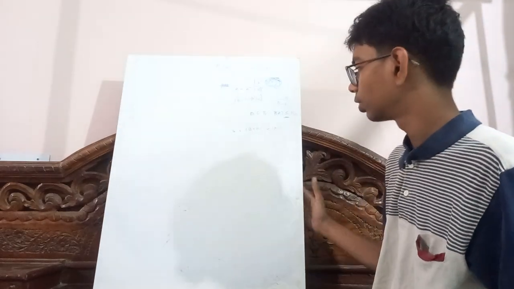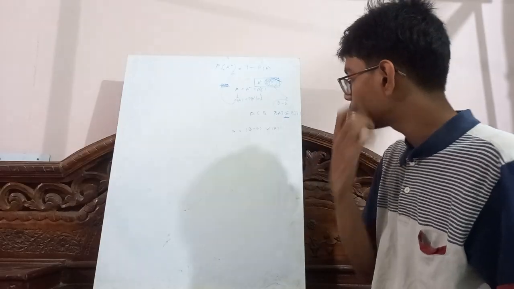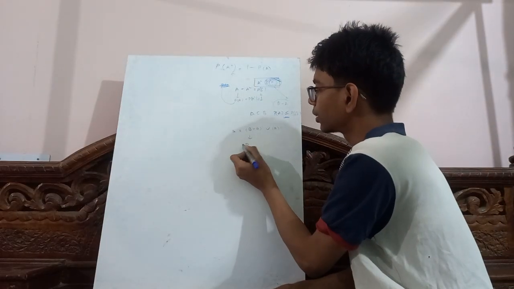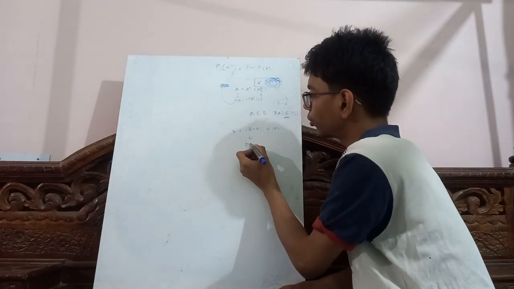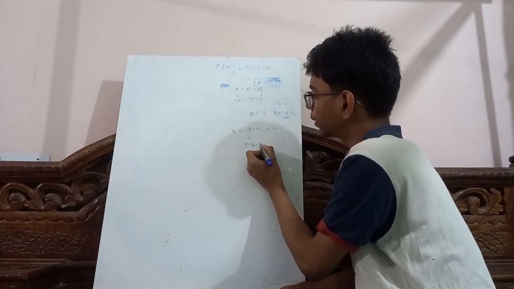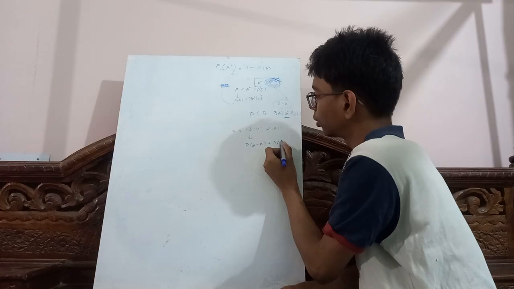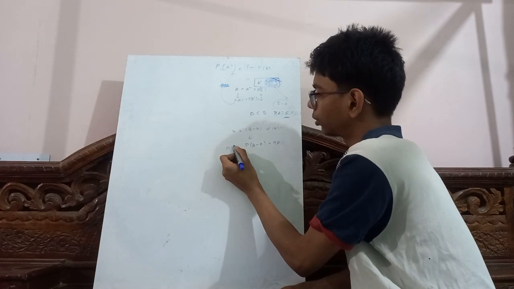Yes or no? So if I apply probability, and both are mutually exclusive, this will give me P of B minus A plus P of A equals P of B.